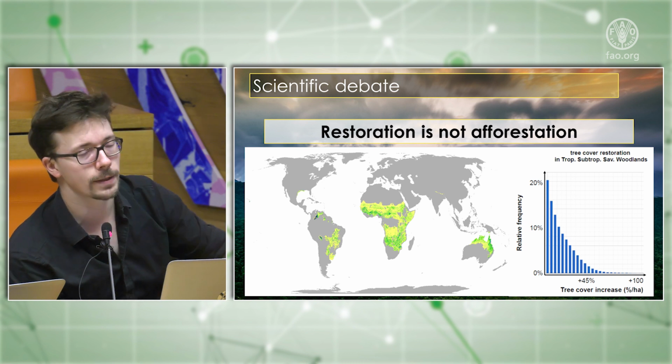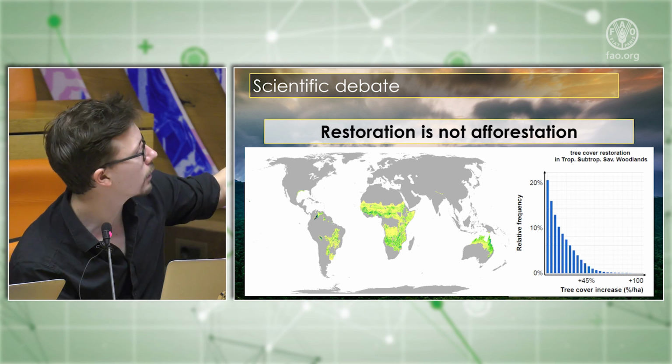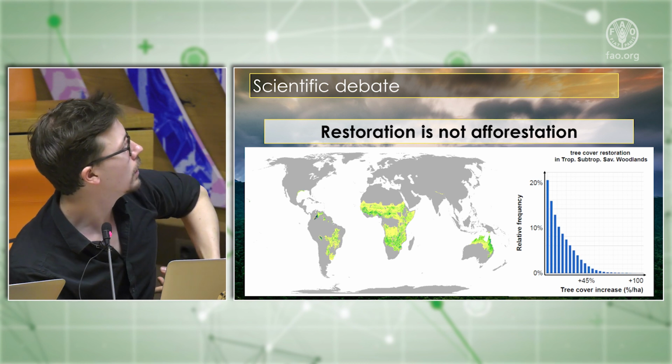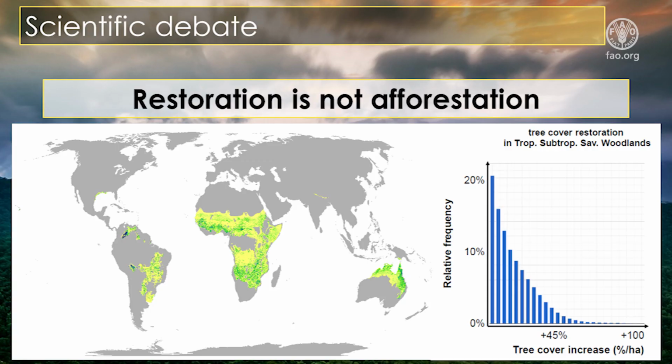It's about just increasing a little bit the tree cover that you have there. And not everywhere. You can see there is a lot of yellow, which are decreases of minus 5% of tree cover. So it's very much like surgery, a very precise work that needs to be done.